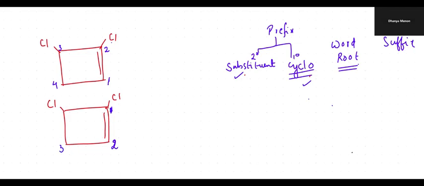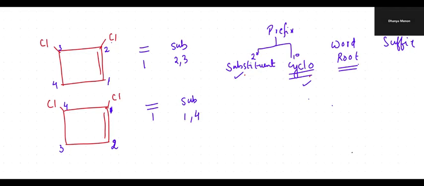This is 4. Now which one here? There's a double bond and a substituent. Here the double bond is getting number 1, and the substituents are getting 2 and 3. Here the double bond is getting number 1 and the substituents are getting 1 and 4. Check the first point of difference.